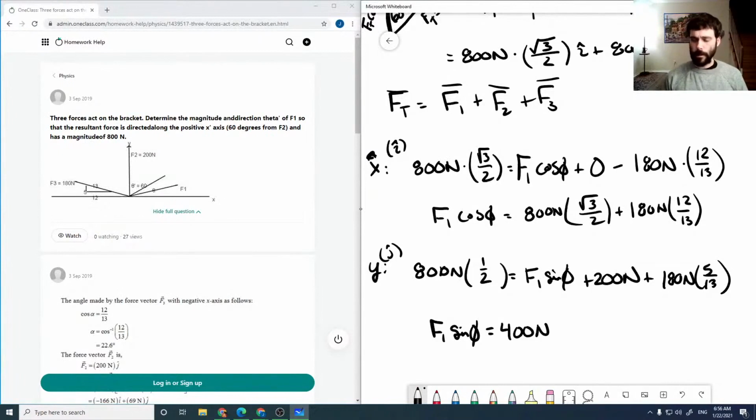So I'm working that one out because then I don't have to worry about the decimals. Minus 200 newtons minus 180 newtons times 5 over 13, and I can do that subtraction pretty readily.